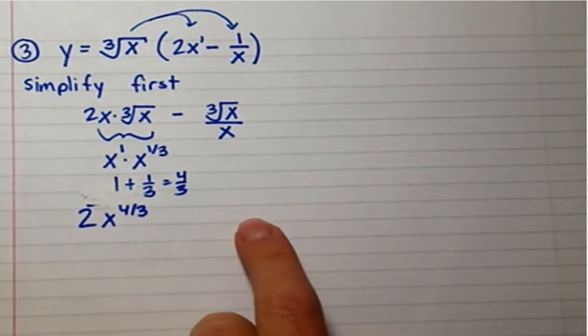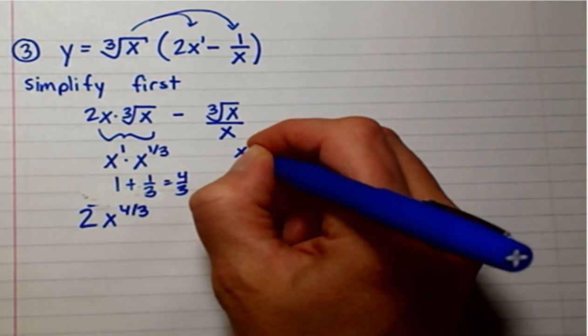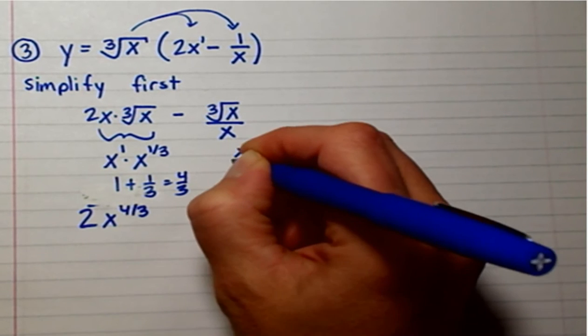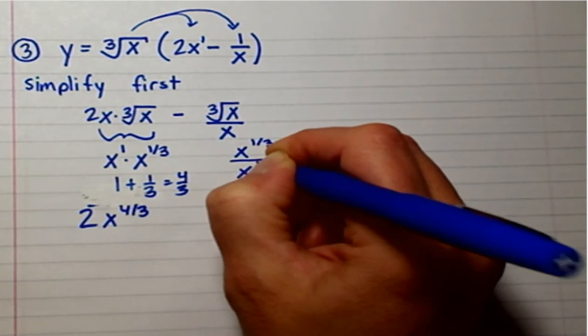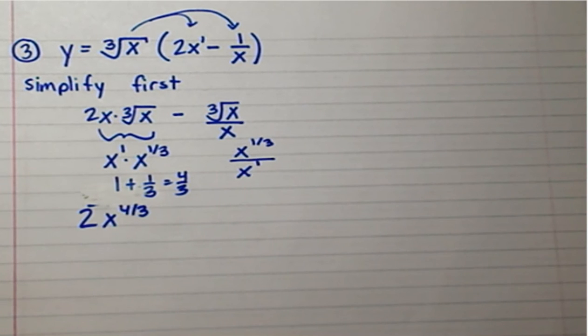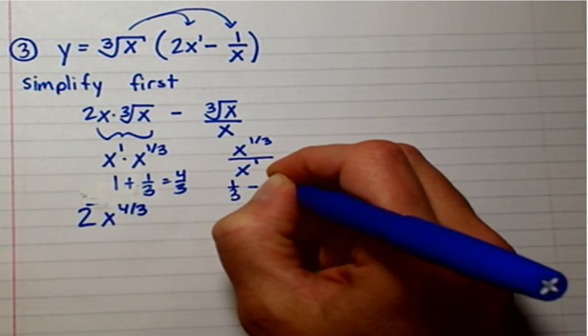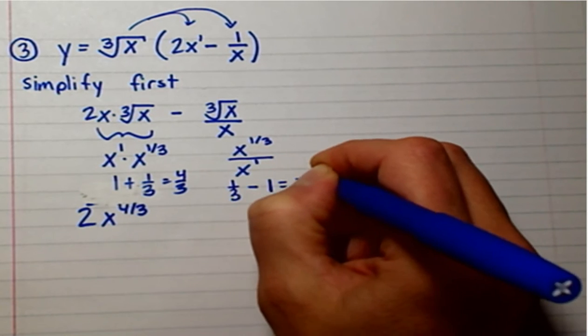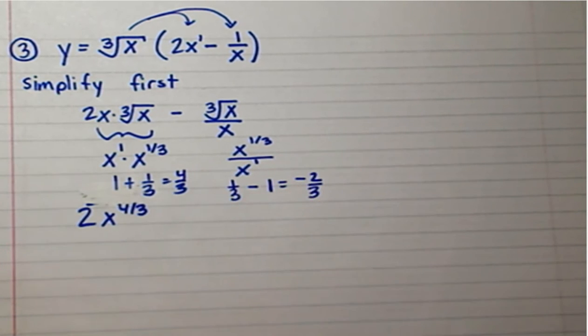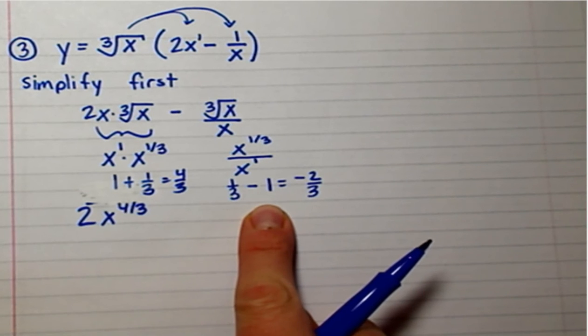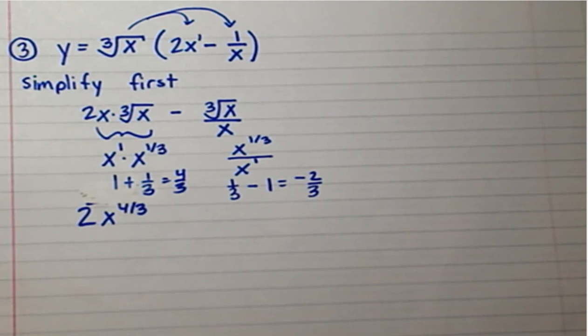All right, now I have this part, which is x to the 1/3 over x to the 1. When you divide variables, you subtract the exponent. So that's 1/3 minus 1, which is negative 2/3. Because it's like minusing 3/3 or adding 3/3.